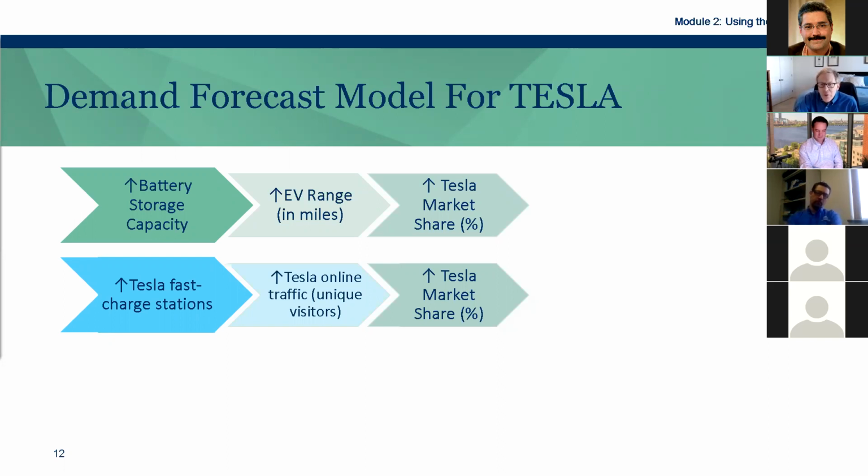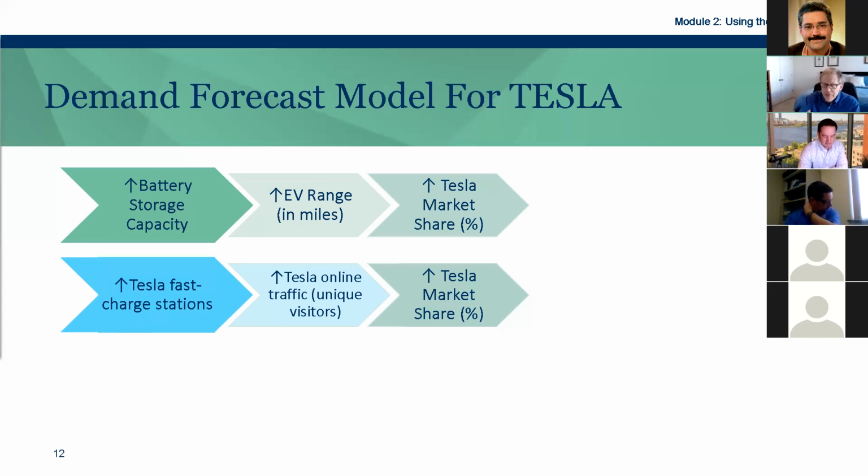And so they can find the relationship between, okay, if we increase fast charge stations, that's going to actually increase traffic onto the website. They sell most of their vehicles online rather than through dealerships. And the more traffic online, especially unique visitors, that also has a relationship with Tesla's market share.